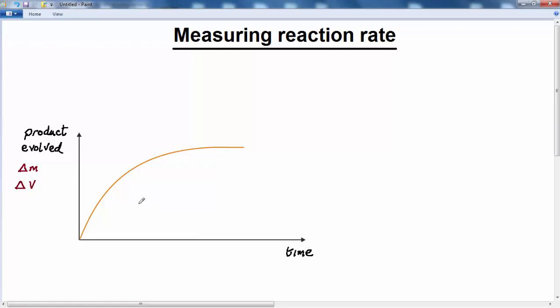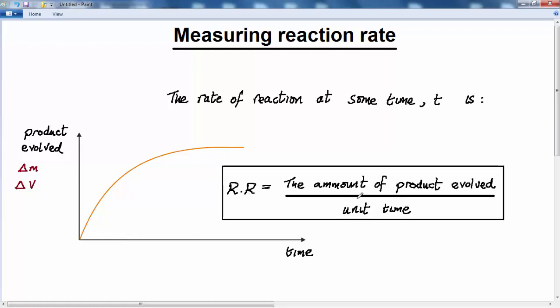But once we've obtained this graph, then what we've got to do is find the rate of reaction. So we want to know the rate of reaction at a given time t. So that's equal to the amount of product evolved in a given unit of time. So for example, if you want to know the reaction rate at some time t, let's just say there, for example.